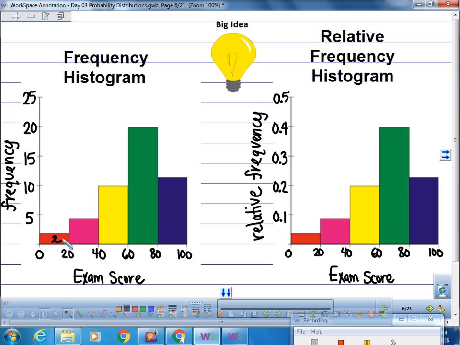Between 20 and 40, about 5 people. Between 60 and 80, about 20 students.